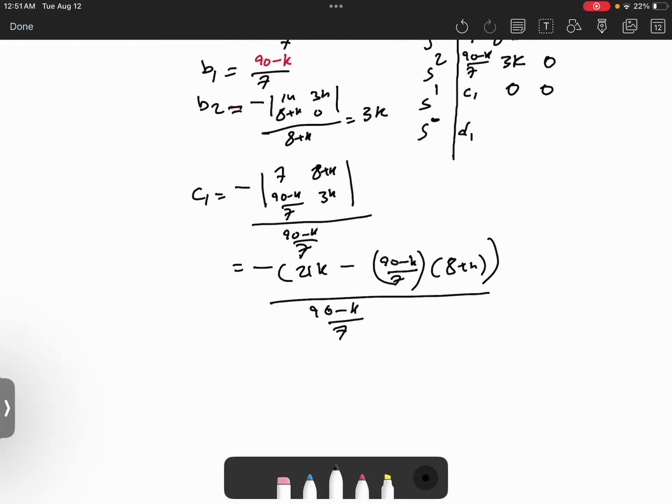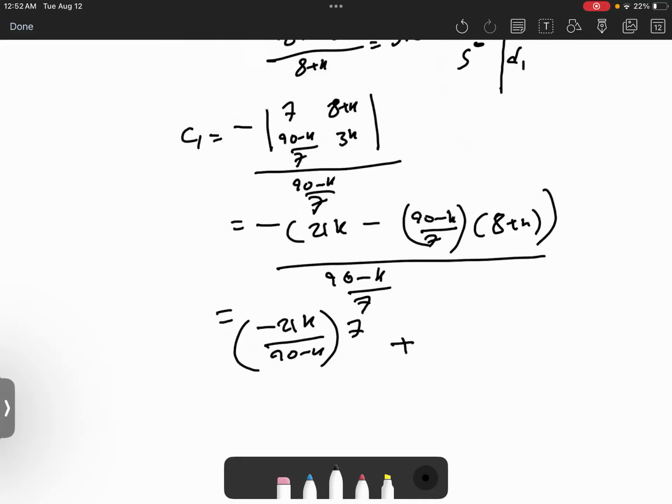Then let's try to distribute the division. Here is negative 21k divided by 90 minus k, all of it times 7. Then minus minus will make it positive, plus 90 minus k divided by 7, plus 8 plus k.